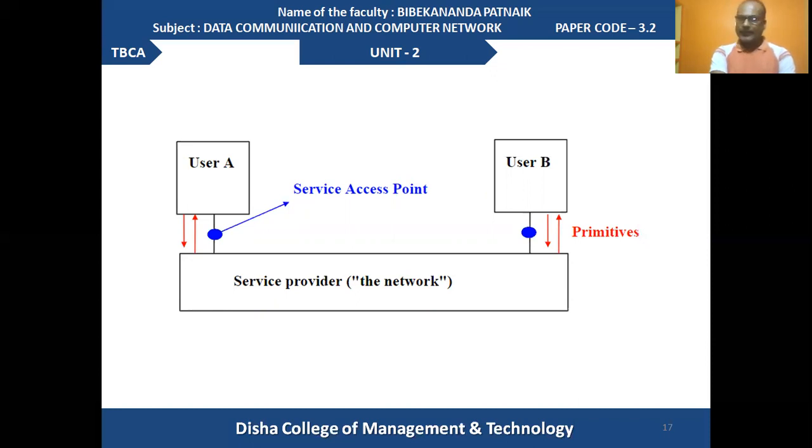And by the help of a service primitive, that is the response from user B, and by the help of the service access point and the service provider, the network, it returns to user A in the form of confirmation.